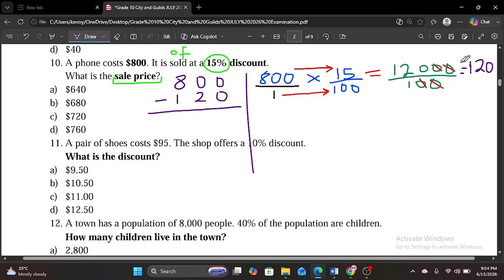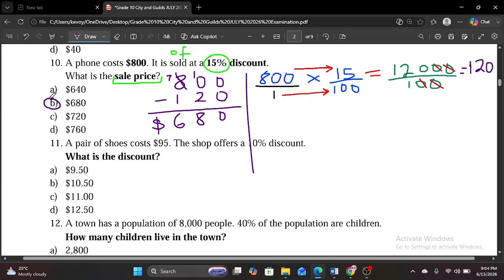This is the discount, $120, so we subtract it from the 800. 0 minus 0 is 0. 0 minus 2 we can't, so we take 1 from 8, carry the 1 right here, that's going to be 10. And if we take 1 from 8, we're left with 7. So 10 minus 2 is 8. And we have 7 remaining, so 7 minus 1 is 6. So now we have our final cost after the discount. That's going to be $680. So that's going to be our final selling price.